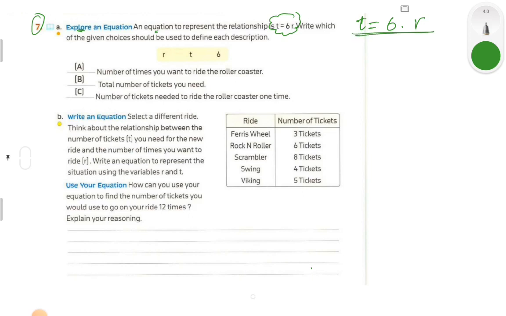This is our equation. Write which of the given choices should be used to define each description. We have 3 descriptions here, A, B and C. This statement is called a description. Every description is of one item: r or t or 6.